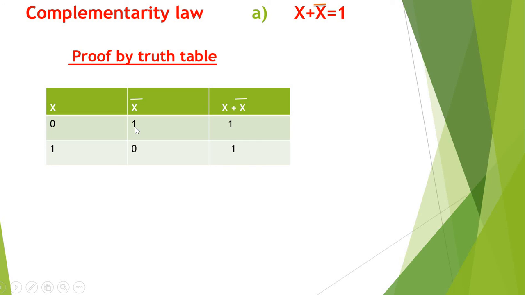Here x bar is 1, 0. Then x plus x bar, what are the values? 0 plus 1 is equal to 1. 1 plus 0 is equal to 1. So we got x plus x bar is equal to 1. From this truth table, we can see x plus x bar is equal to 1.